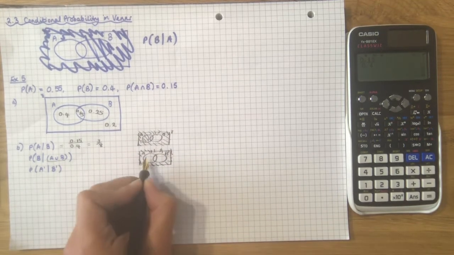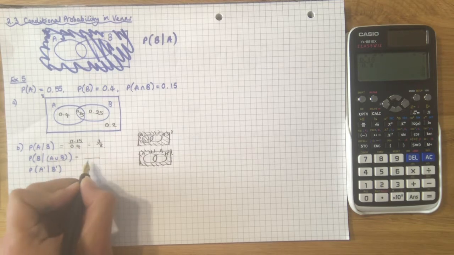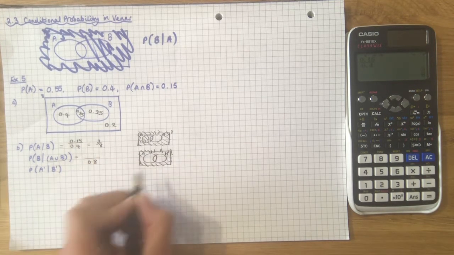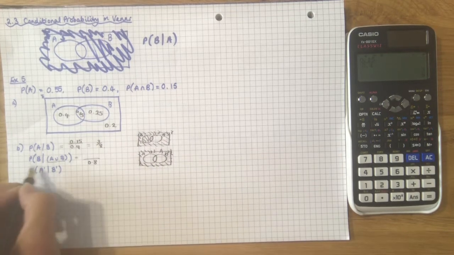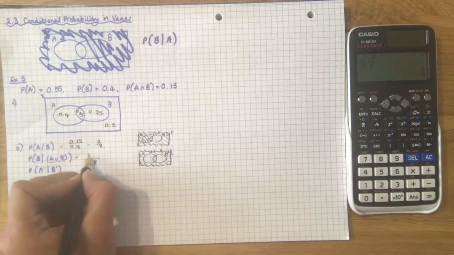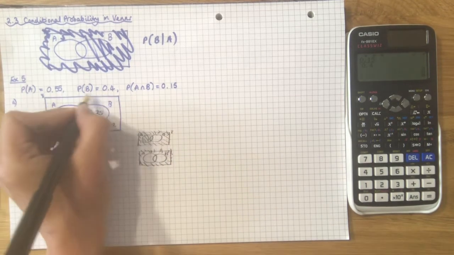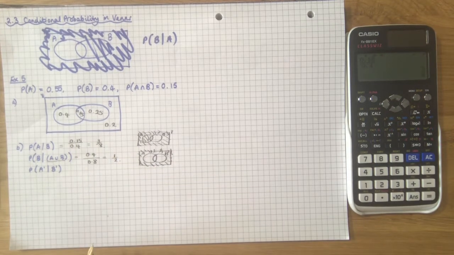We're only interested in the circles, which means we're out of 0.8 because that was the probability of A or B. So within that, what's the probability of B occurring? Well, that's the B circle here, which would be 0.4 because the probability of B is given at the top. So that simplifies to 1/2.